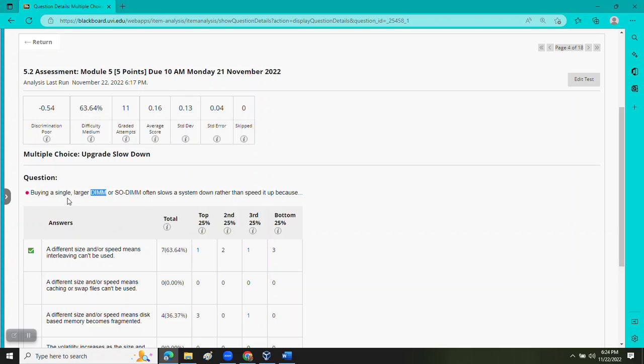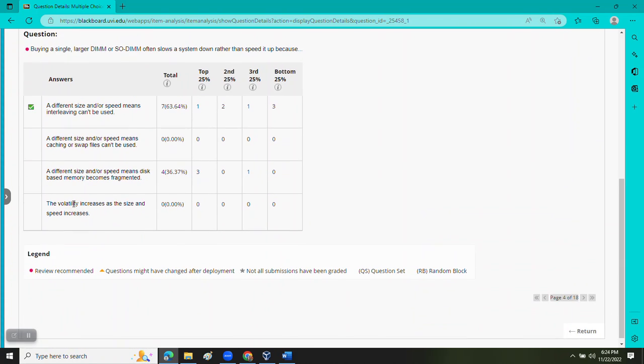The question reads, buying a single larger DIMM or SODIMM. SODIMMs are small form factor memory modules that are installed in laptops and portable devices. Often slows a system down rather than speed it up, because a different size or speed means interleaving cannot be used.